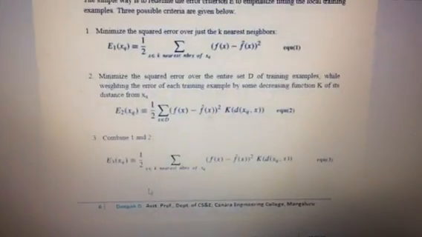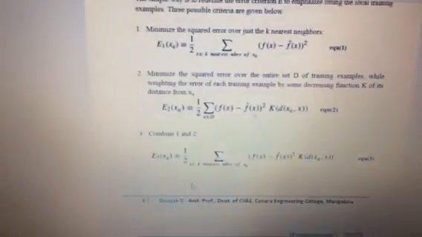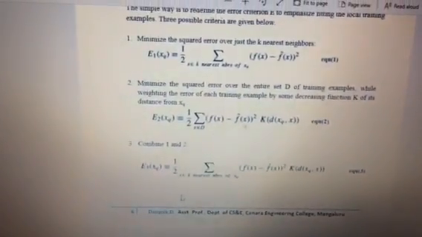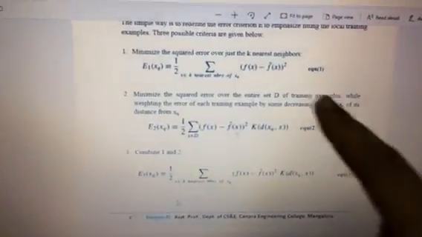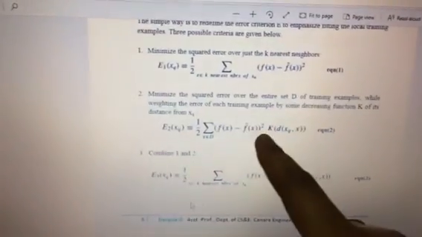Next is minimizing the squared error over the entire set, which is why we have considered the capital letter D here. Next we are going to combine both equations. Here we have considered the k nearest neighbors, and here we have considered the complete set. When we combine both of these, we get this formula.